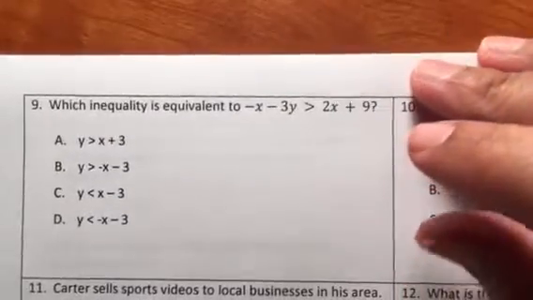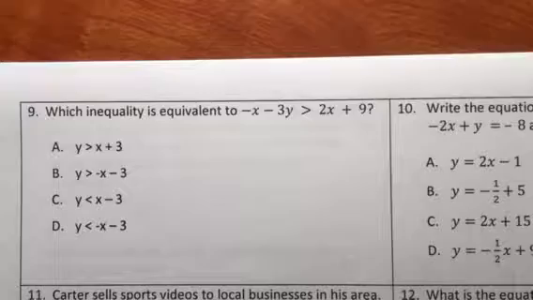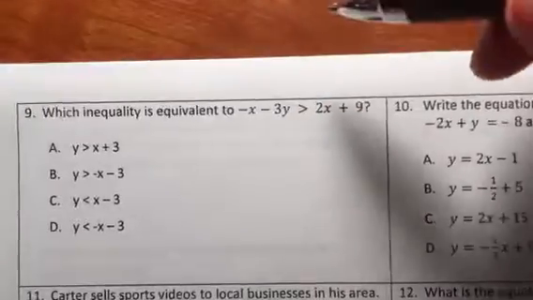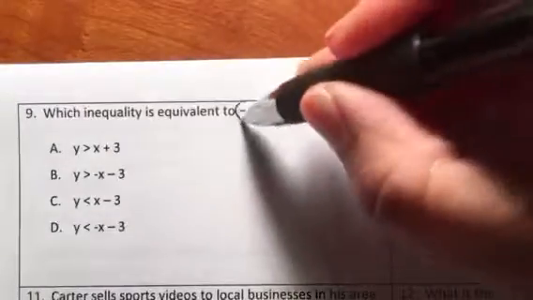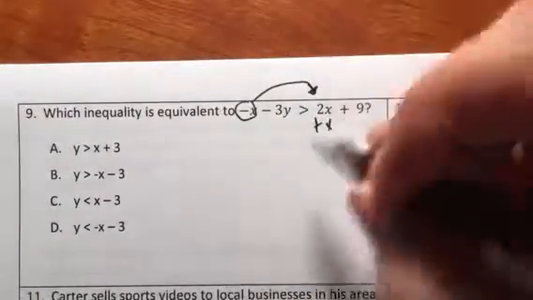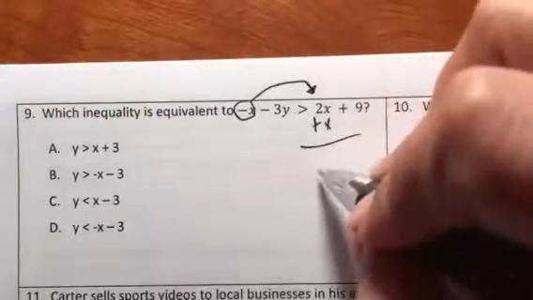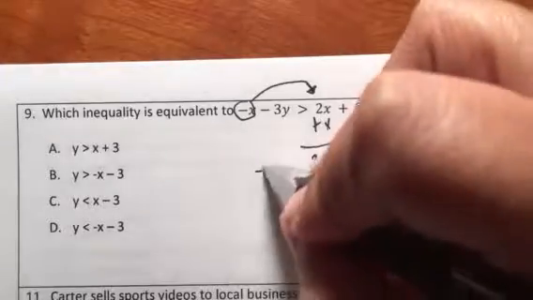So this one is very similar to what y'all did last week. We're going to move the x, change its sign, so this becomes positive. So this is 3x plus 9.